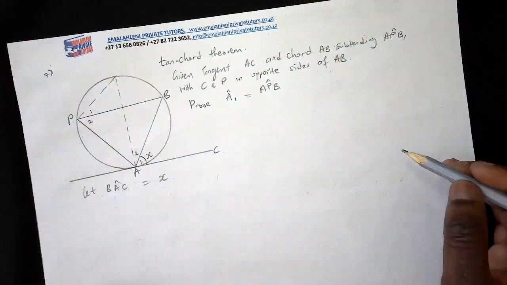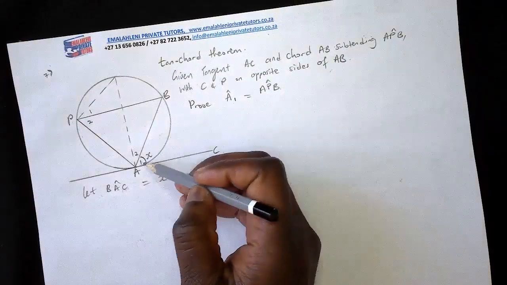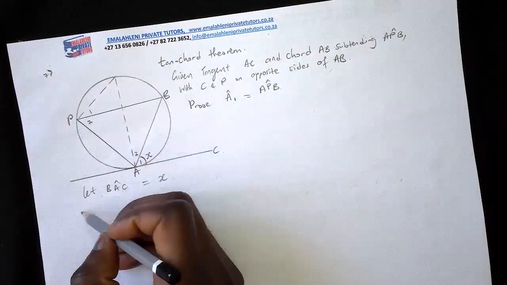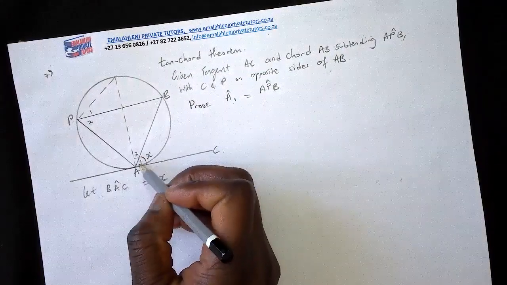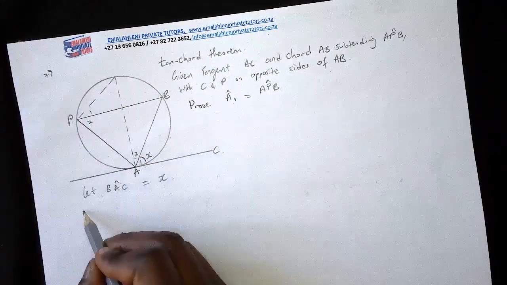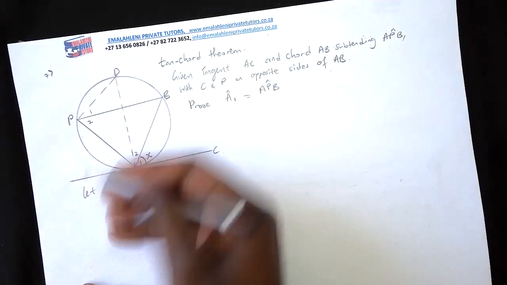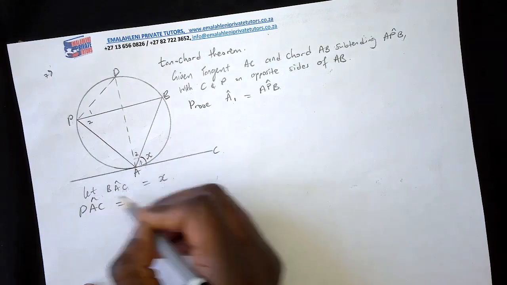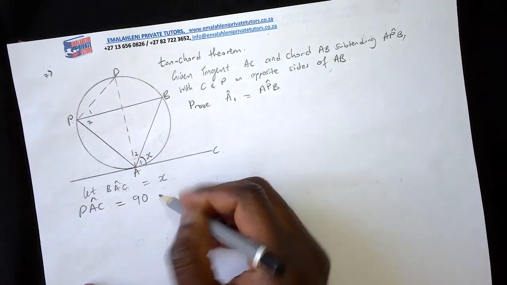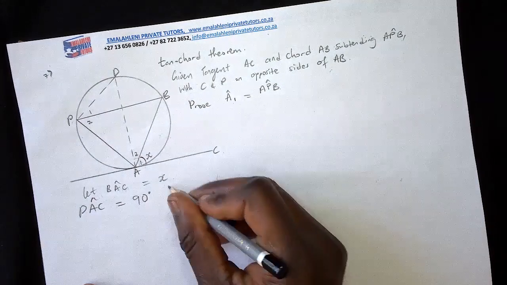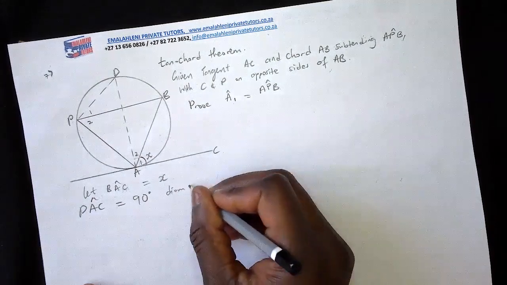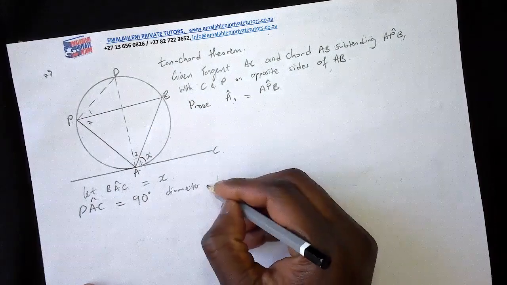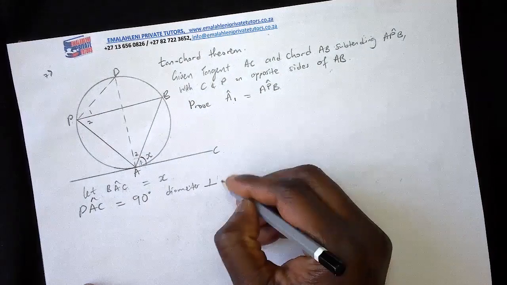First of all, you're going to look at these triangles. This whole angle here is 90. Let's call this point D. So angle DAC is equal to 90. Why is it 90? Because the diameter, which is twice the radius, is perpendicular to the tangent.